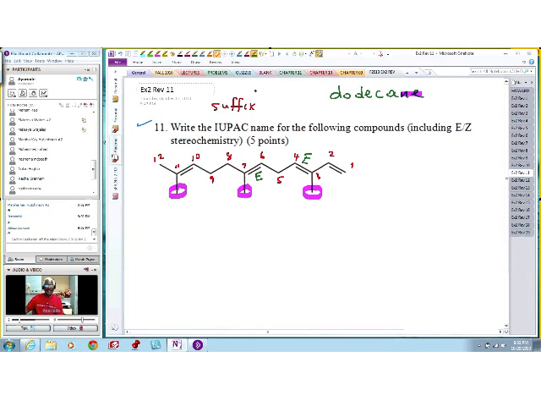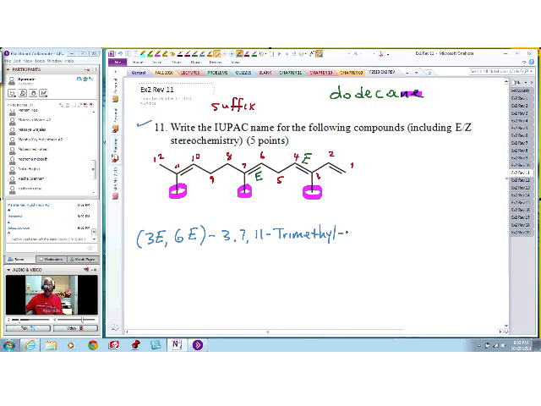So let us go ahead and give the name for this. So we say 3E, comma, 6E. Okay. Then we give the position of the branches: 3, 7, 11, trimethyl.